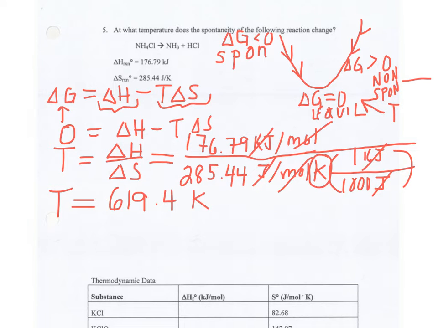So we had 5 sig figs, so we could even have one more here. Not sure what that would be. I don't have it down here. Anyway, so at this temperature, a temperature of 619.4 Kelvin, the spontaneity of this reaction is going to change. So this is the turning point.